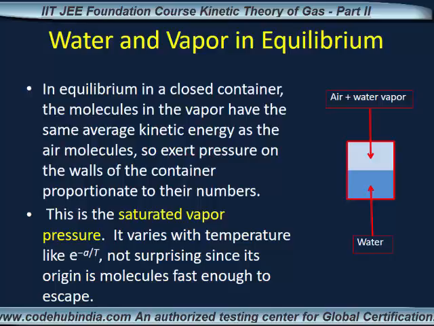That portion contains air and water vapor, not heating. So equilibrium is in the closed container. The vapor molecules have the same average kinetic energy as air molecules, so they exert pressure on the wall of the container.